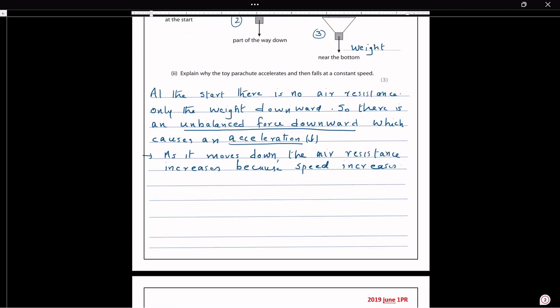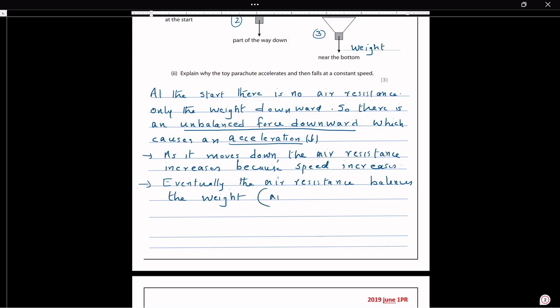So at some stage, eventually, the air resistance balances the weight. That means air resistance equals weight.